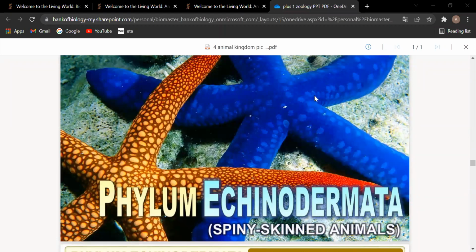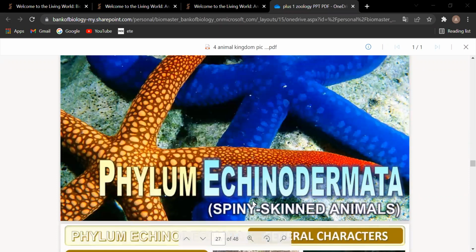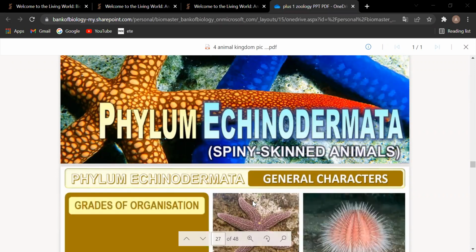Yes. Now this is your starfish. And starfish belongs to the phylum which we call Echinodermata. Echino means spiny, derma is skin, so this group of animals has spiny skin. These animals are also called spiny-skinned animals. Right, got it? Well, what are the general characteristics?